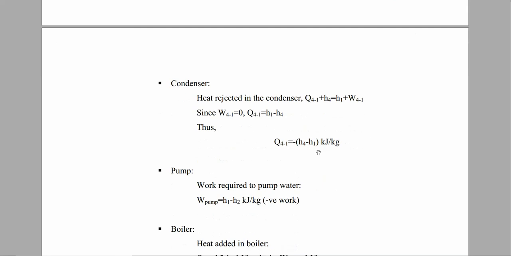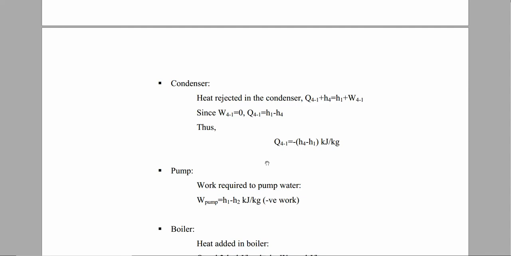In the condenser, the heat rejected for process 4 to 1 plus the enthalpy of process 4 is equal to the enthalpy of process 1 plus the work done on the system in the 4 to 1 process.